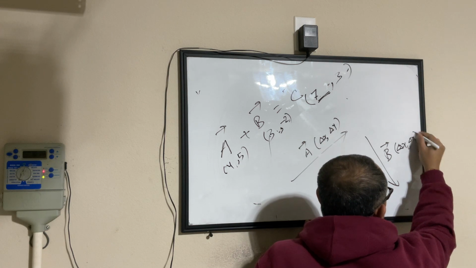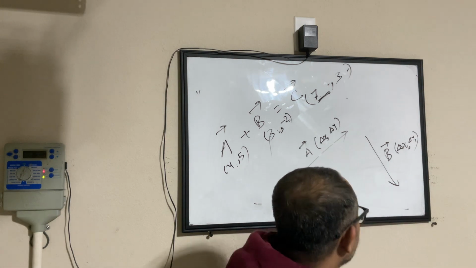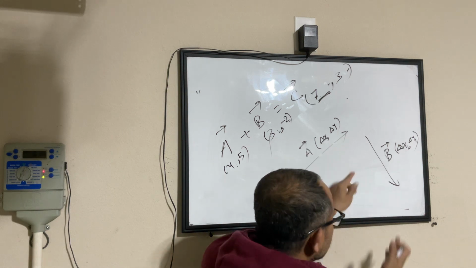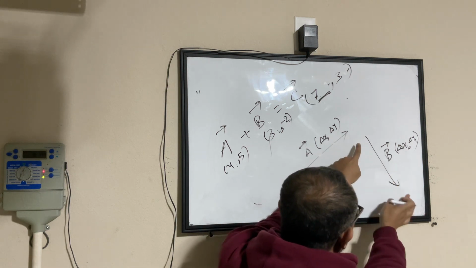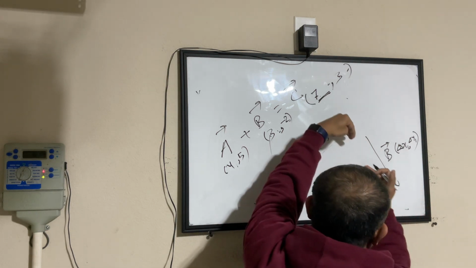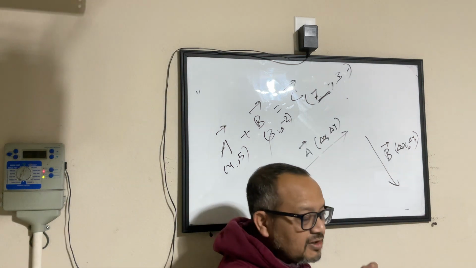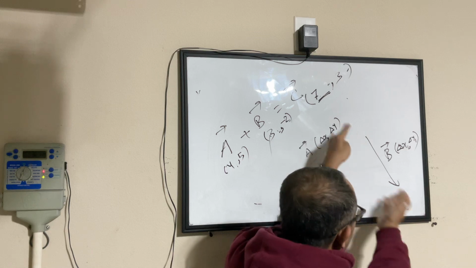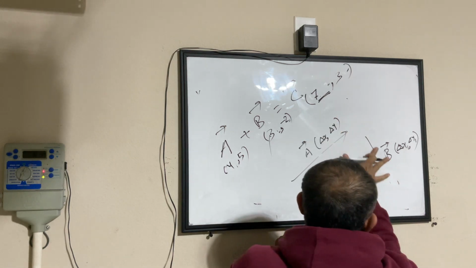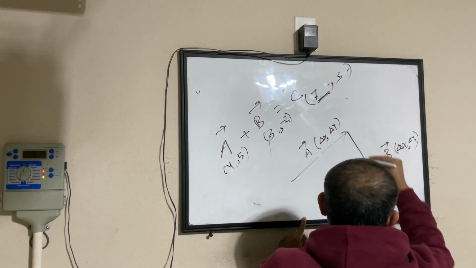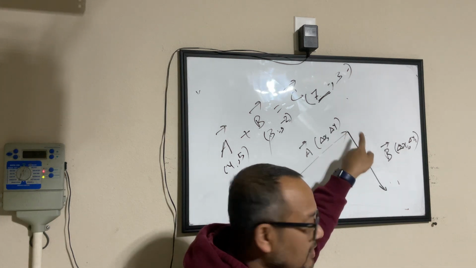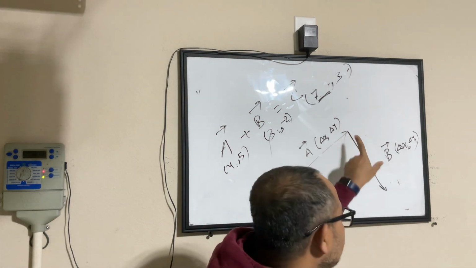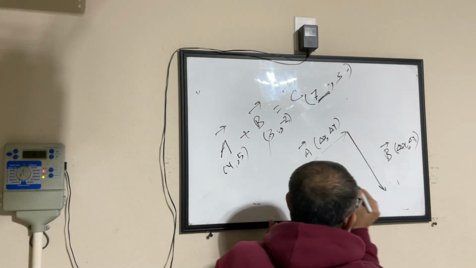When I'm talking about adding these two vectors, I'm essentially moving this vector such that I'm not changing the direction, I'm just shifting it. Because we know that when you shift a vector, even if your origin moves, as long as you're not changing the direction or the magnitude, you're good. So I will just move this one so that the tail of this vector connects to the head of this one, and this becomes my resulting vector.